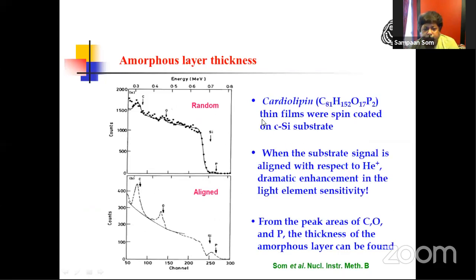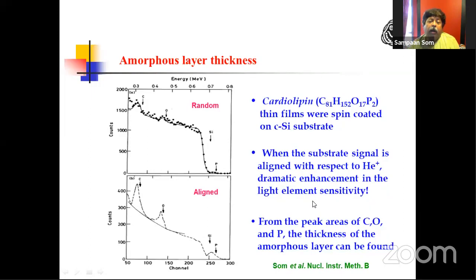Now this is one example where a biological thin film, which is amorphous in nature, was deposited on a silicon substrate. When you measure normally without any alignment, the film was amorphous, so nothing can be done. No amorphous or polycrystalline film can be studied by RBS channeling, because there is no directionality for the ion beam, as the atoms are all randomly organized.